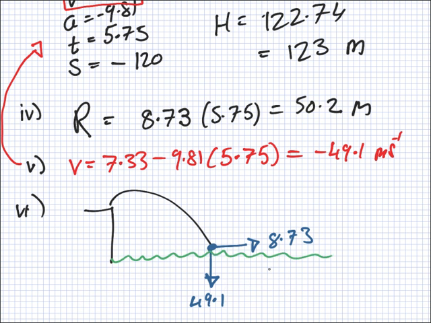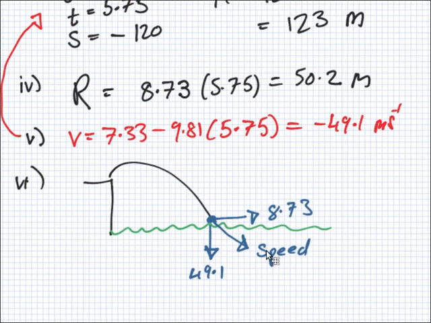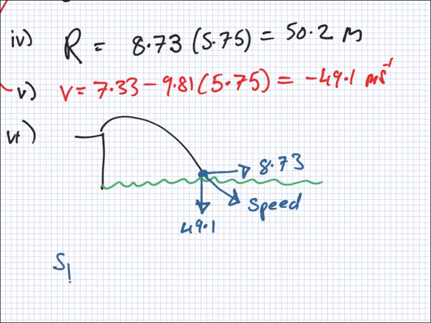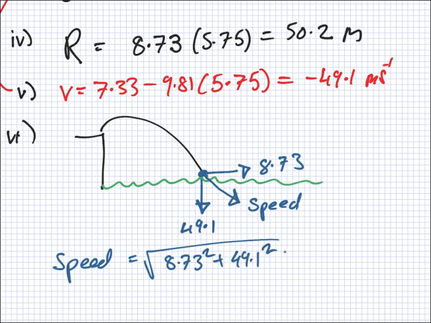And the question is, what is the speed? So they want to know the resultant magnitude. Does anybody remember? How do I get the speed here if I know the horizontal and the vertical? Pythagoras, yeah. Square root of 8.73 squared plus 49.1 squared.